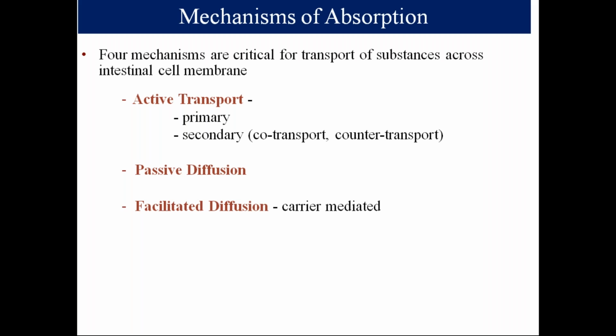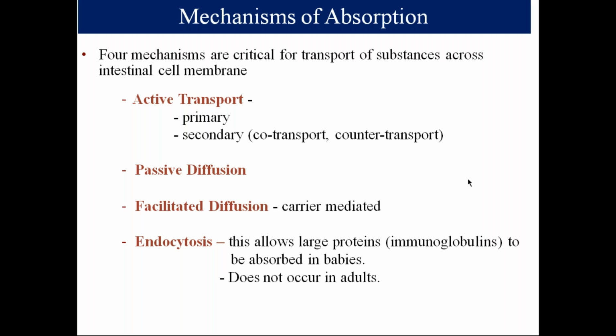In the secondary active transport, it can be a co-transport or it can be a counter transport, right? Then you have the passive diffusion. Passive diffusion can be simple diffusion or it can be facilitated diffusion. And you have another mechanism for absorption, that is endocytosis, which allows large proteins to be absorbed, especially in the babies, and it does not occur in adults.